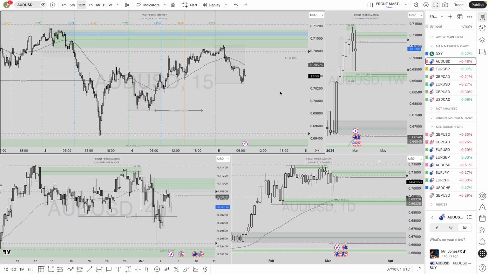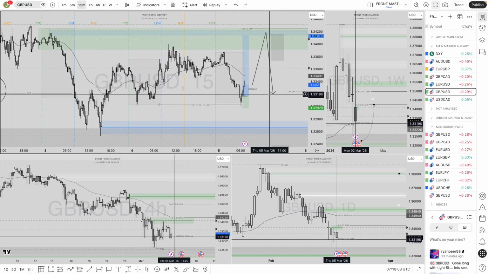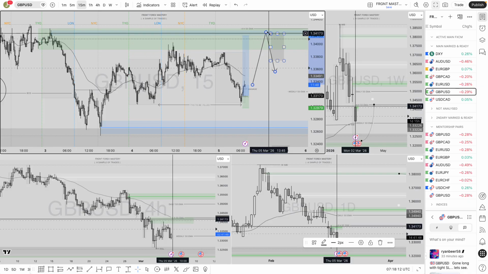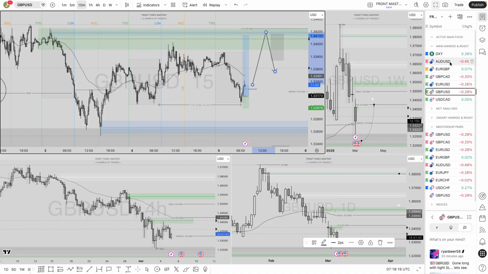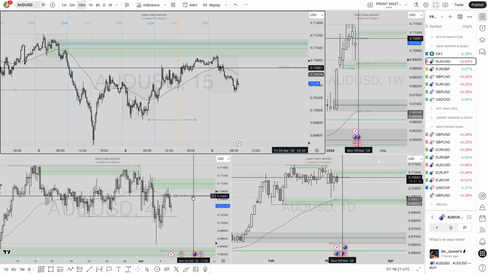Now, what I can see here is that if we have a quick glance at GU and where we would expect GU to go before looking for a short position towards the upside, up towards that 4-hour order block 15 refined and 4-hour 50 EMA before looking for a short. Now, if we flip-flop over to AU, we've had very much more of the same.